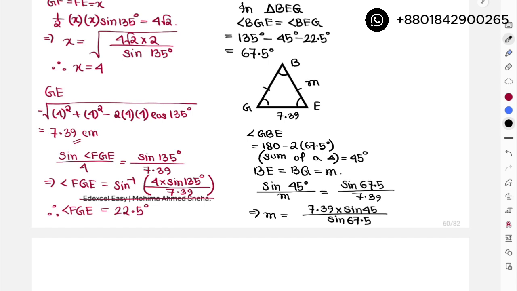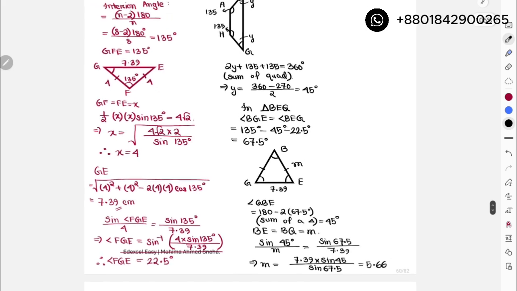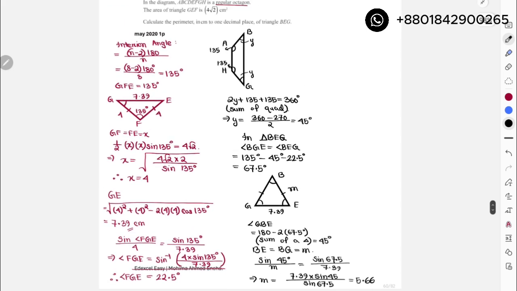If you calculate all this, you get the value as 5.66. And this is it. We are done with most part of this maths actually.